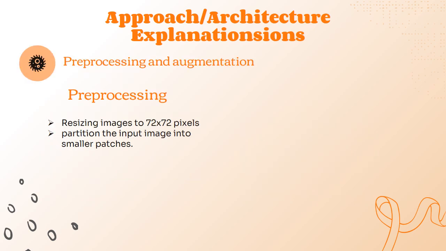About the pre-processing, we undergo several steps such as resizing images to 72 by 72 pixels and partitioning the input image into smaller patches. That ensures that the data is in a suitable format for the classification tasks.